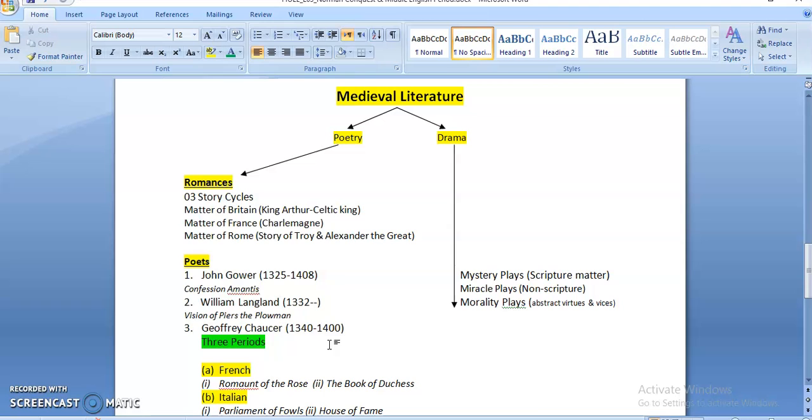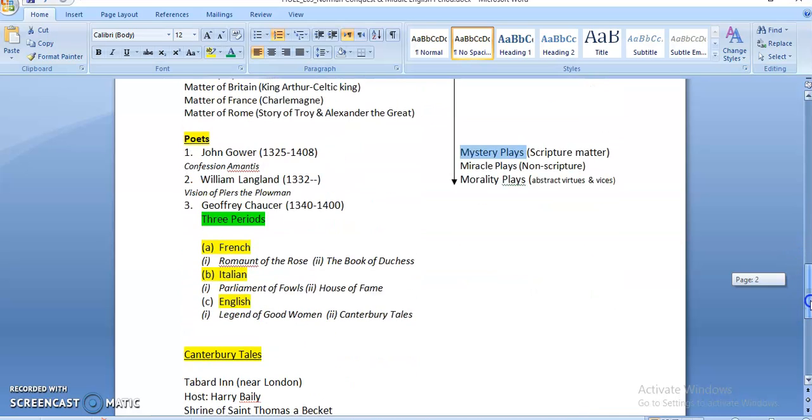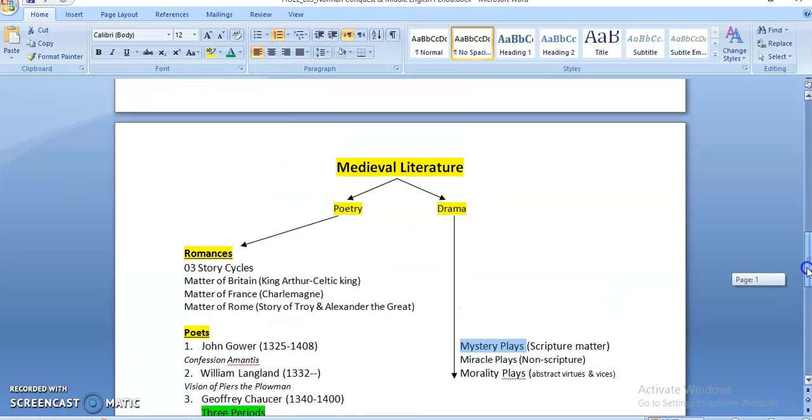He is also known as the father of English poetry. And plays were also famous during this period, and three types of plays existed. There was also a fourth type of play, that is interlude, but these were the popular pieces of literature.